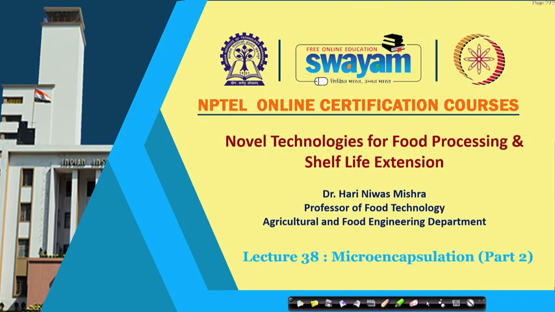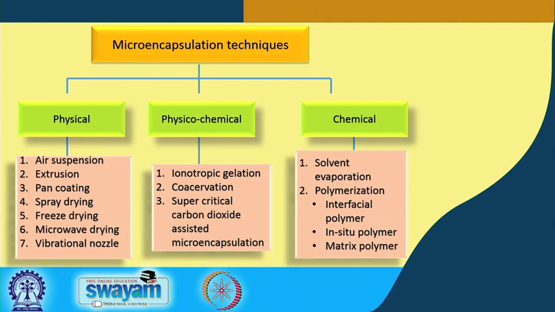Hello friends, let us now study the second part of the lecture on microencapsulation. In the earlier part of this topic, we discussed the basic principles of microencapsulation, and we also studied the physical and physicochemical methods of microencapsulation.